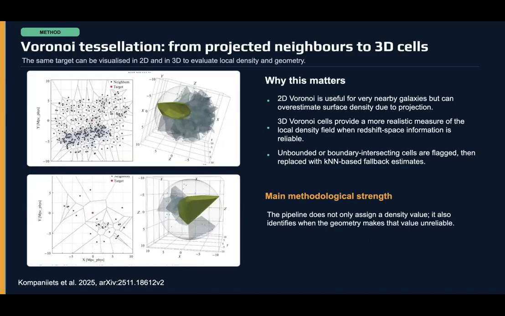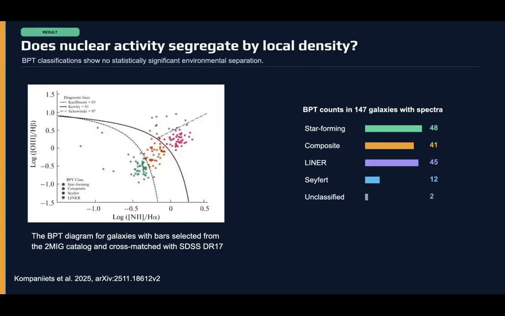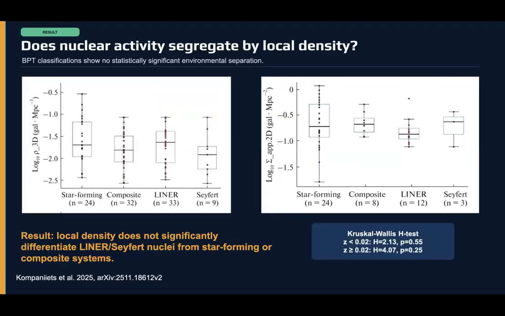Here you can see what our approach with the Voronoi tessellation looks like. So we can reconstruct the cosmic web environment and take it into account when we estimate the large-scale properties of the galaxies. And we also use the available spectra from the SDSS to classify this sample of isolated galaxies, and we can see here that this sample has different activity types: LINER, Seyfert, composite, and also star-forming galaxies.